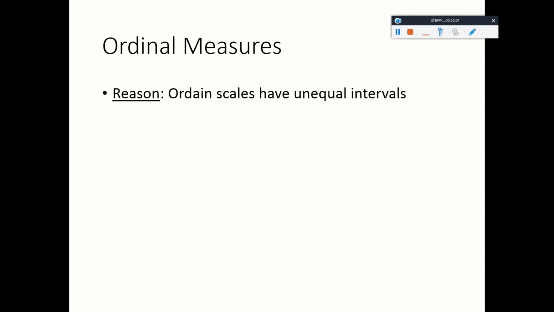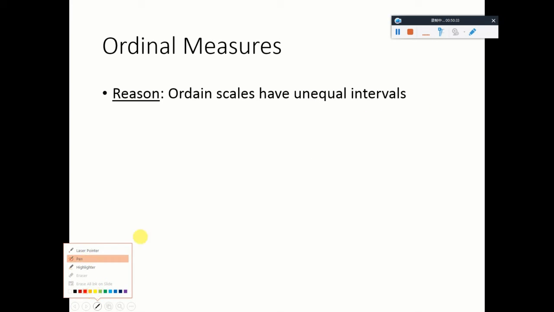Okay, so another way to think about it is this. The reason, okay, another typo, I'm very sorry about that. The reason that we cannot say that 1 is better than 2 to the same extent as 4 is better than 5 is that ordinal measures have unequal intervals, right?